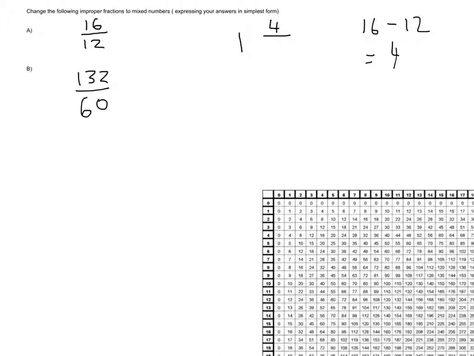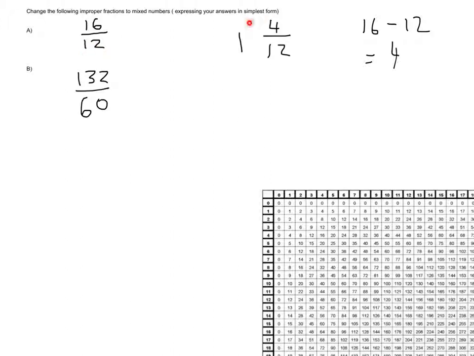Now, again, remember we said that whenever you change an improper fraction to a mixed fraction, the denominator will always stay the same. So the denominator has to be 12, because the denominator here is 12.